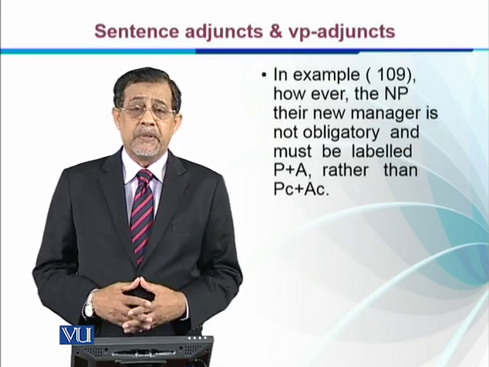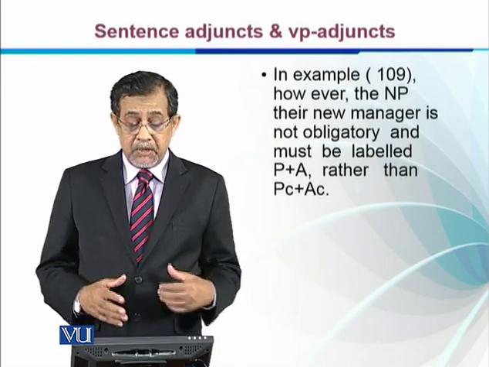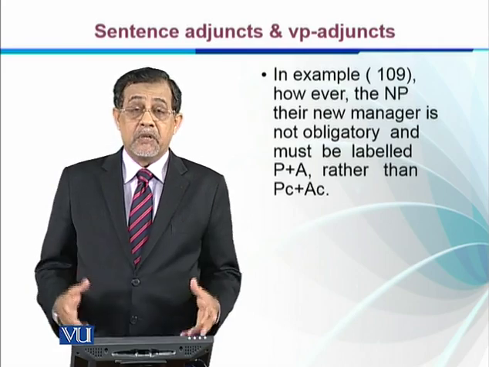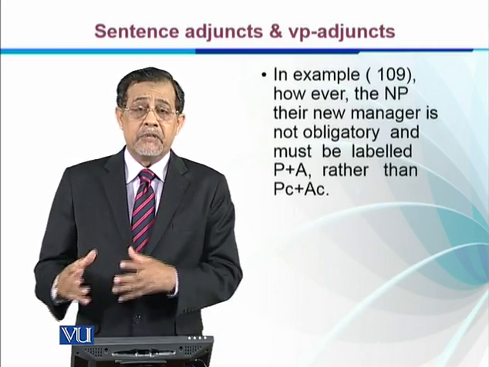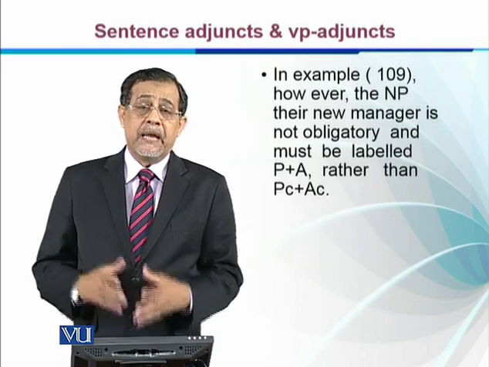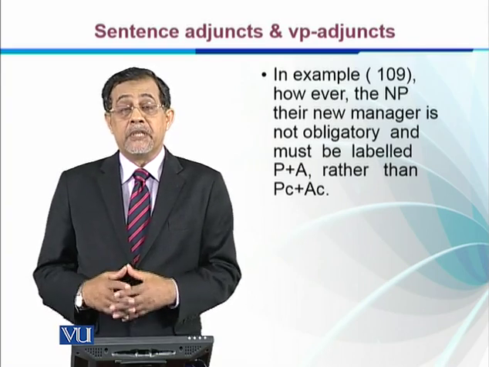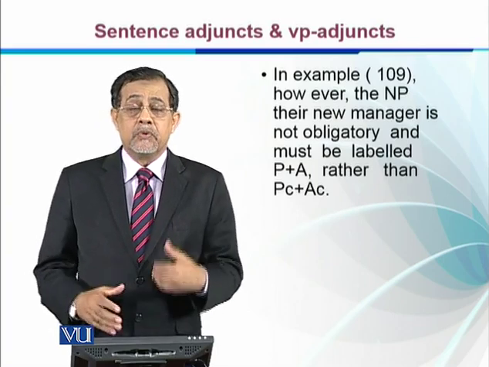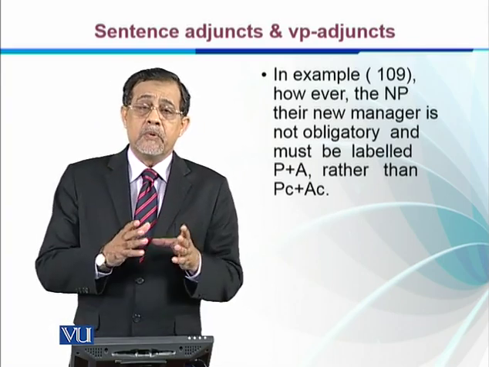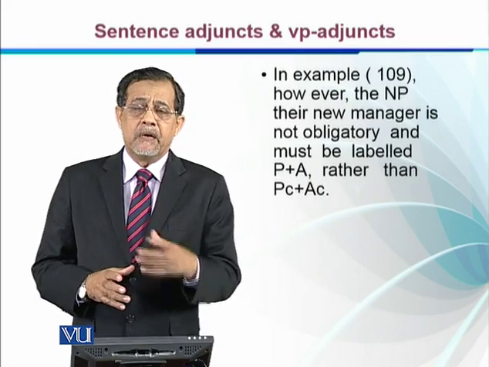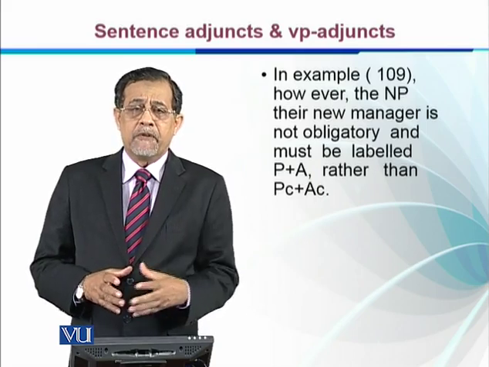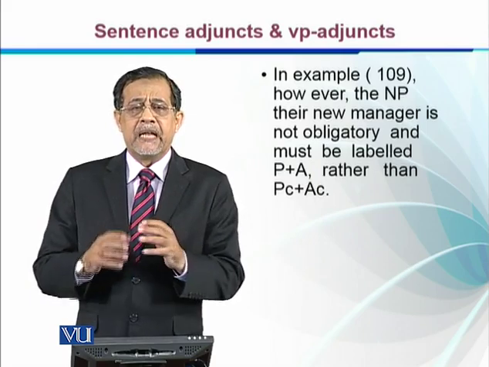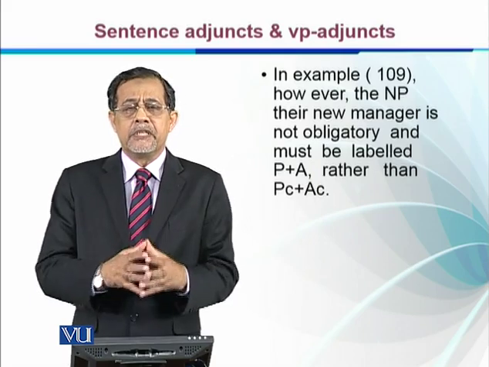Now you are familiar with the term. So these are sentence adjuncts and verb phrase adjuncts, which are obligatory and which are not obligatory. So whenever you have to decide on the obligation of any constituent, you have to look at the verb and its pattern, how it is used.